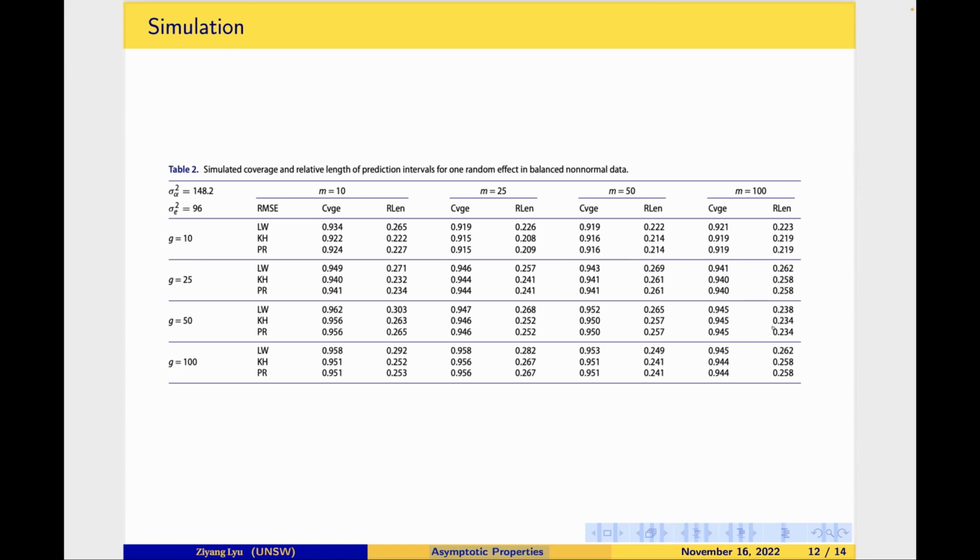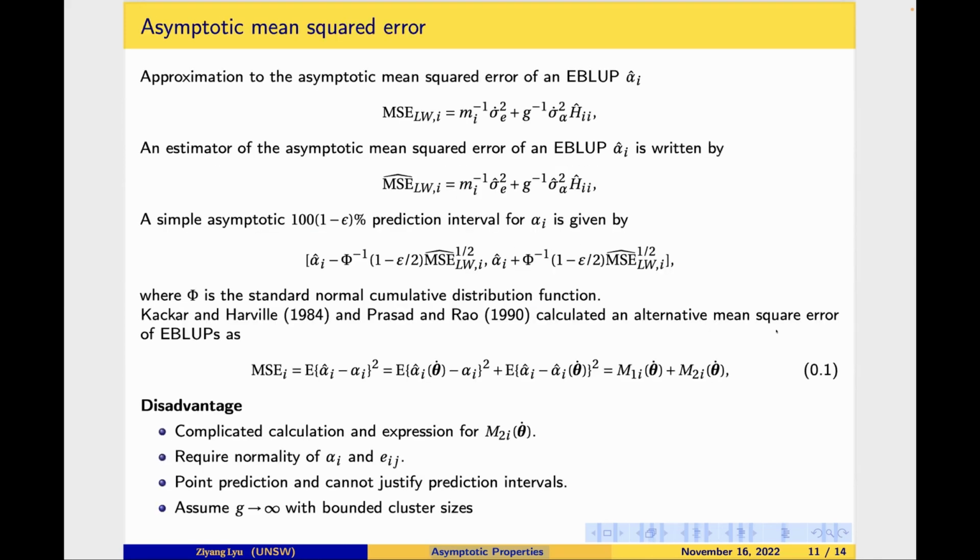So it proved in the simulation that our approximation performs as well as the Kackar and Harville and the Prasad and Rao, but we do not require the normality assumptions, and we do not require the predictions G goes to infinity and the bounded cluster size.